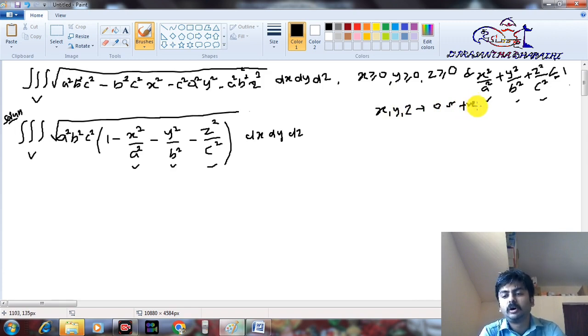They are not negative, they can never be negative. That is what is given. After that we want to find the limits. Before finding the limits, we know that the lower limits are 0.